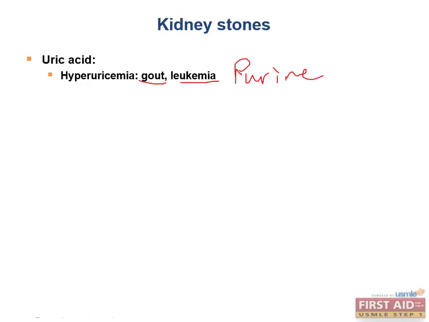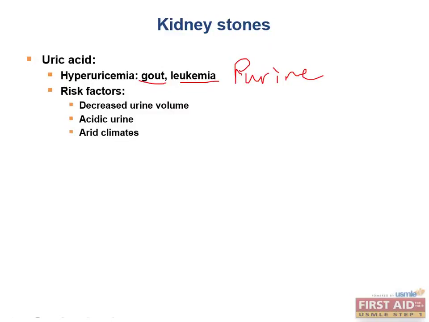Now, risk factors for uric acid stones include anything that's going to decrease the urine volume, like dehydration, or make the urine more acidic, like an arid climate. These stones are special because they are radiolucent, meaning they can't be seen on X-ray. However, they can be seen with ultrasound or CT.